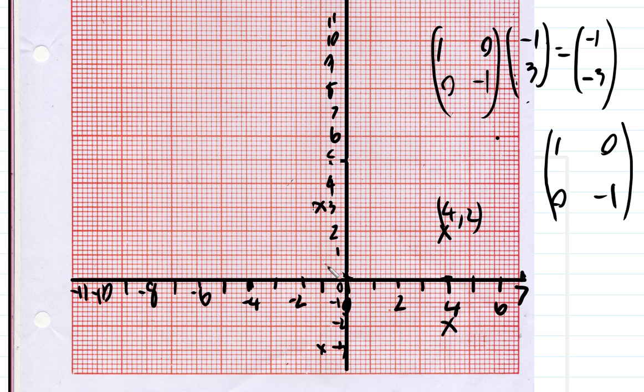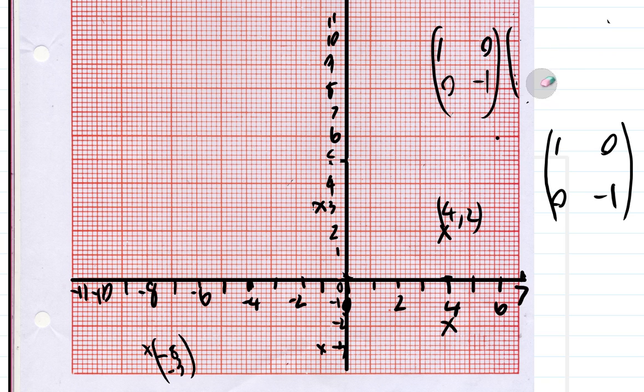Now here, you can say this is a reflection in the x-axis, and it reflected the positive value over to the negative. But if you have a negative value, say for example negative 8, negative 3, what will happen to it?